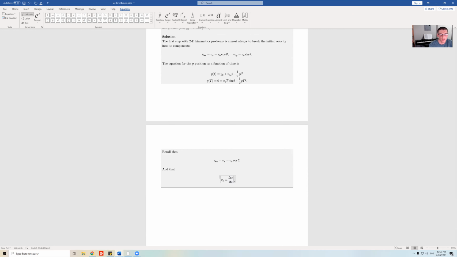Applying this definition, which we can apply because the acceleration is 0 in the x direction, tells us that v initial cosine theta, and I'm just changing the notation here but it's the exact same thing, is just the range, which is our delta x, the horizontal range, over the time interval, which is big T. And this finally gives us that big T equals big R over v naught cosine theta, okay?